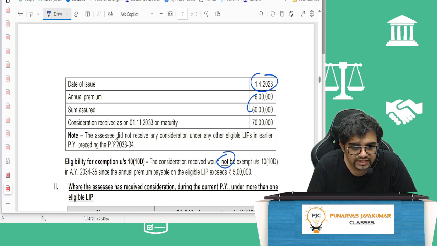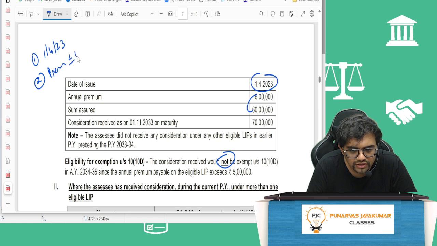Three conditions in the exam. First one, is it issued on or after 1/4/23? Second condition, is the annual premium less than or equal to 10% of sum assured? Third condition, is the premium less than or equal to 5 lakh?